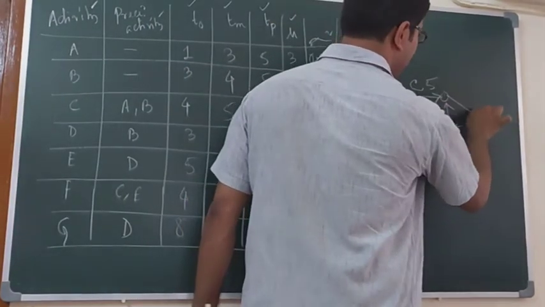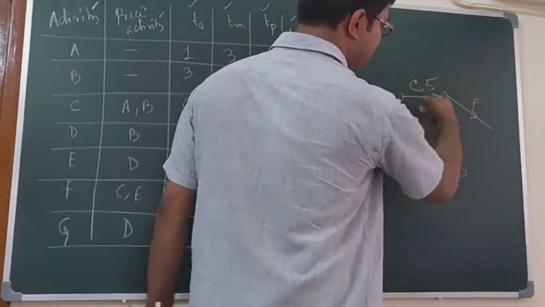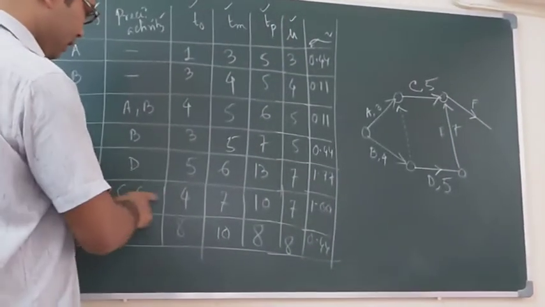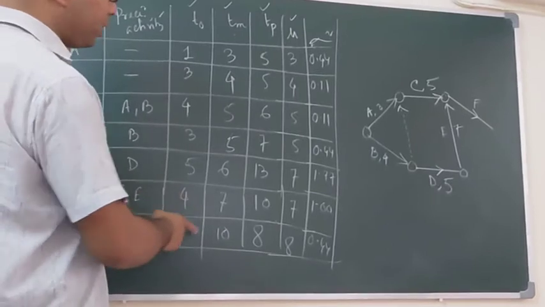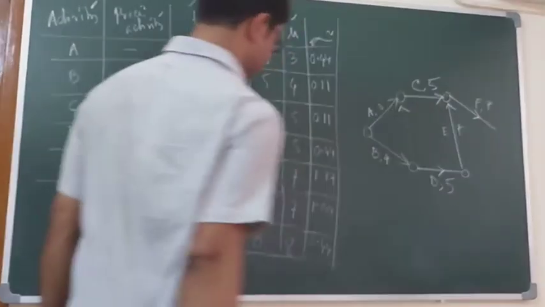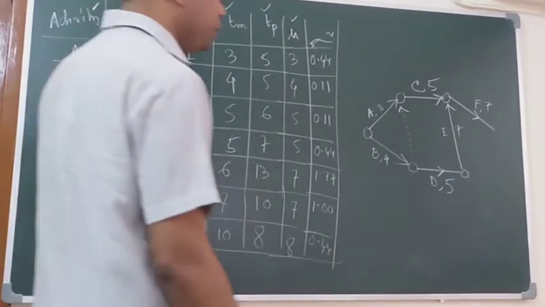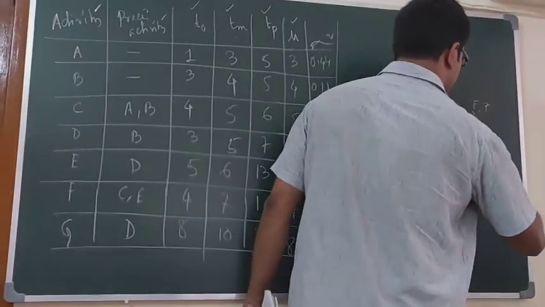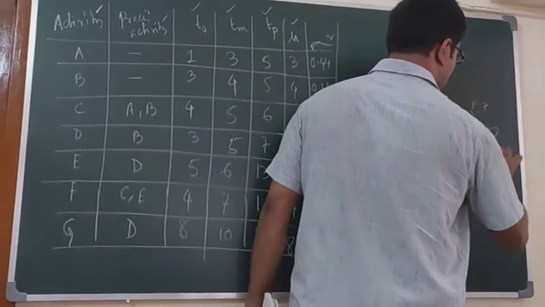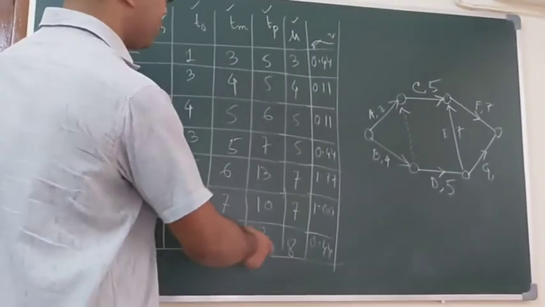F comes from this point after the completion of C and E, and the time is 7. Next, G comes from D. This is G and the completion time is 8.